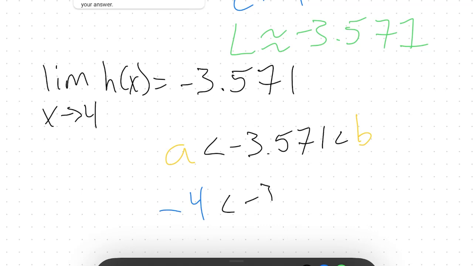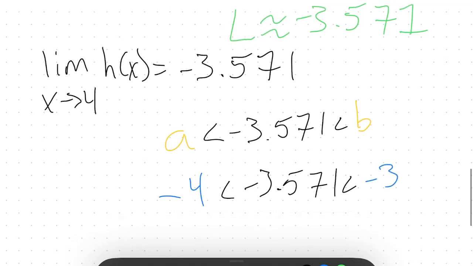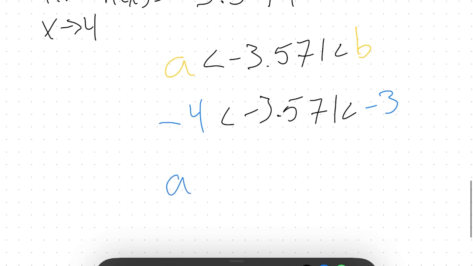Negative 4, right? What's a number larger than negative 3.571? Negative 3, right? So then we state a is equal to negative 4 and b is equal to negative 3. Okay? So we have the values of a and b.